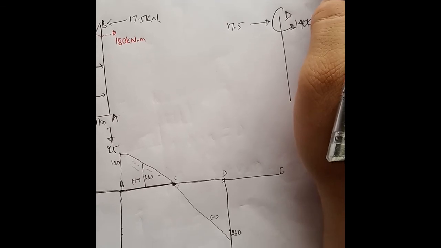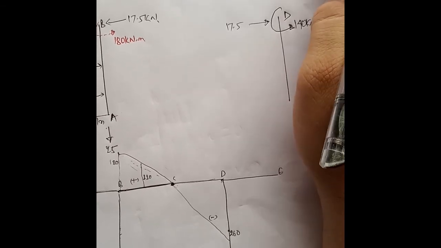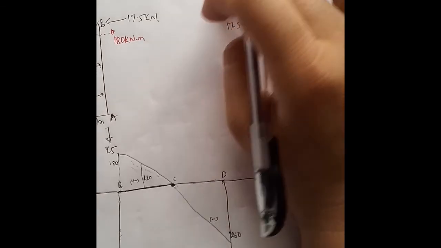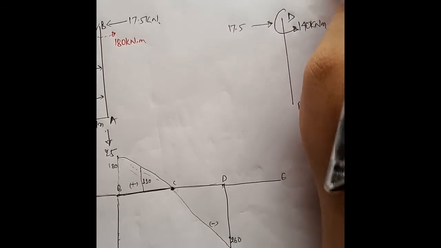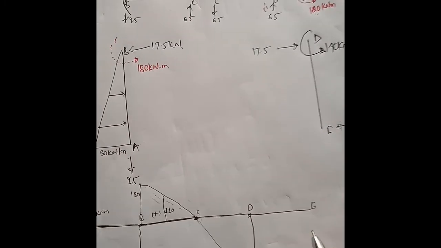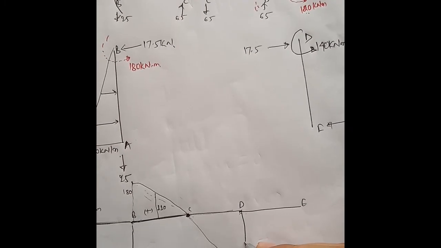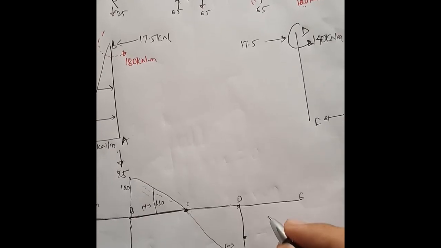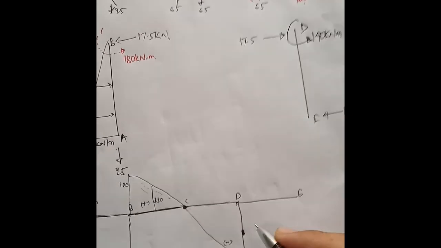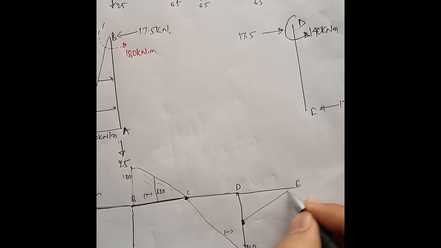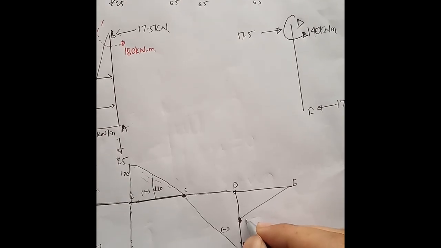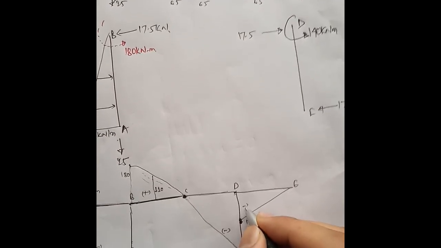From the right side, clockwise is taken as negative, isn't it? From the left side clockwise is positive, from the right side clockwise is negative, so this should be minus 120. So minus 120 may be here, and this value 120 is negative here again.